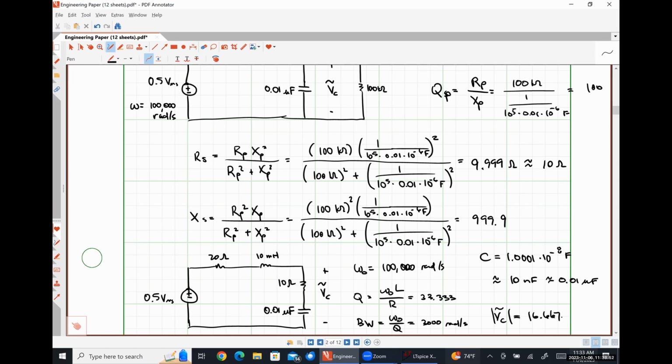All right, so we've talked about transformations and all of that kind of stuff, making networks that don't quite look like a series RLC circuit or a parallel RLC circuit now look like a series or parallel RLC circuit. Let's now talk about scaling things.